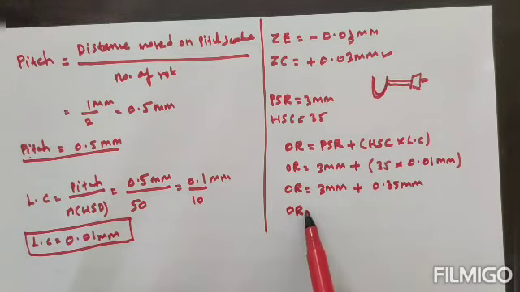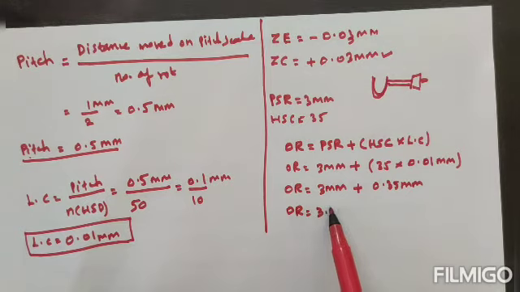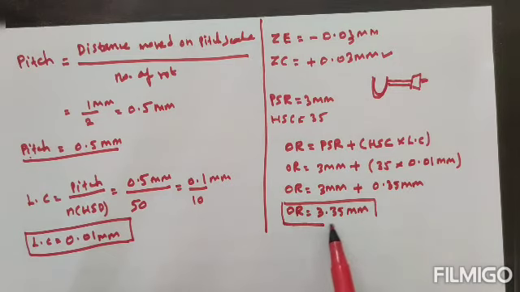Therefore observed reading equals 3 plus 0.35, which is 3.35 millimeter.